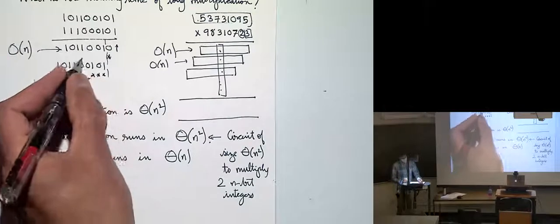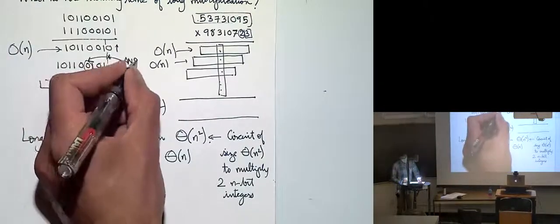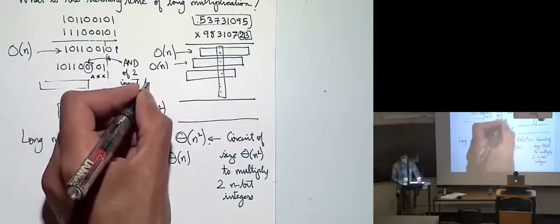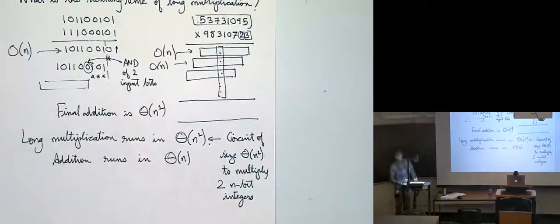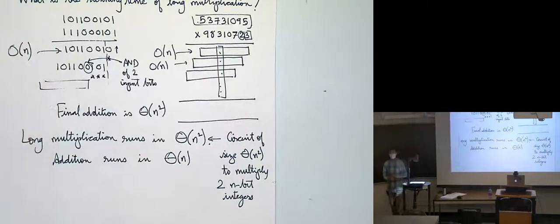So each bit over here is the AND of 2 input bits, right? And then to add, you can do an OR and a carry, there's a little circuit that adds 2 bits. So you can add all these bits using those circuits, called an adder circuit, right?